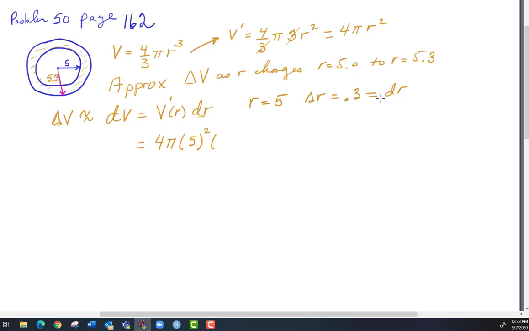The delta and the dr are the same, so this would be 0.3. So what do we have here? 25 times 4 is 100, so it's 100 times 0.3, which is 30, so it's 30 pi.